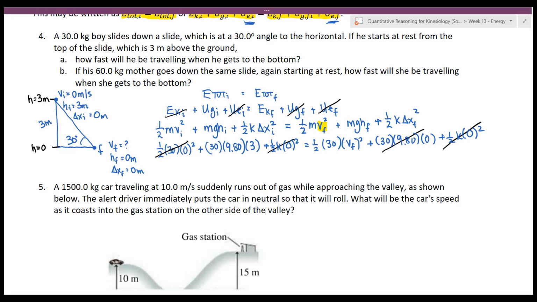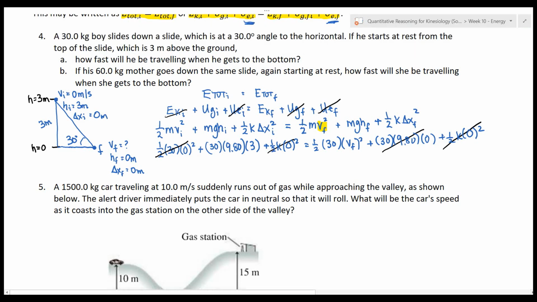Okay? So I'm going to do that. So I'm going to divide both sides. Actually, let me just simplify this first. So I have 30 times 9.8 times 3, which is 882, is equal to 1/2 times 30, which is 15, times V final squared.